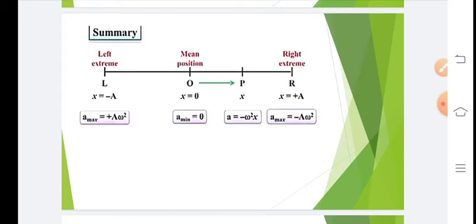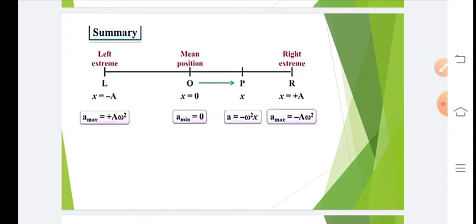So this is the summary. This is the same example. L is the left extreme position, R is the right extreme position. In the left extreme position, the displacement is x equal to minus A. At the mean position, the displacement is 0.